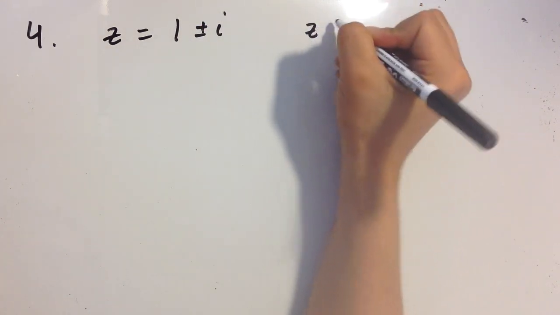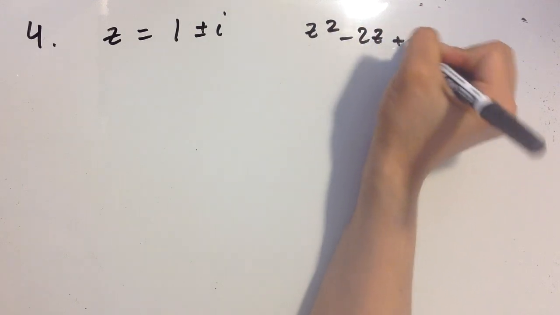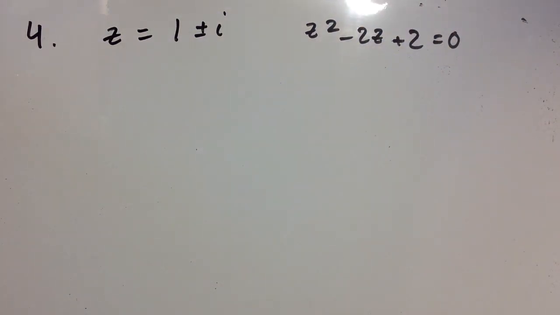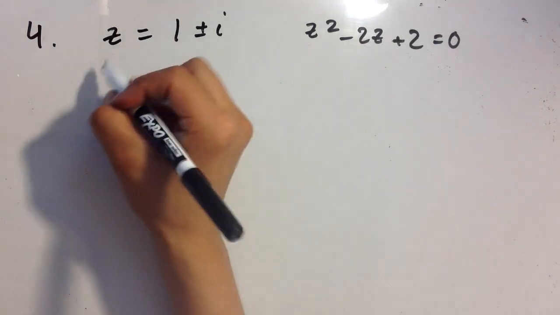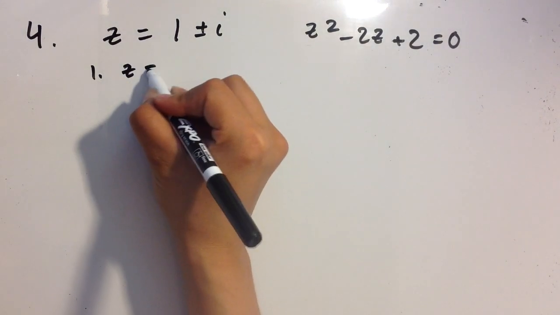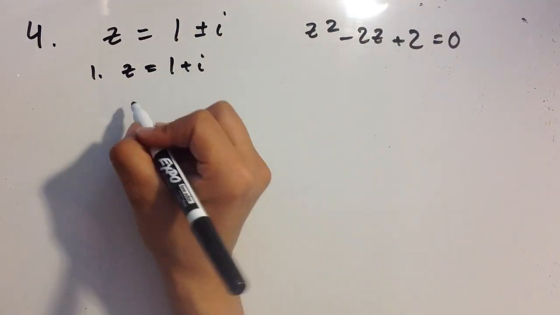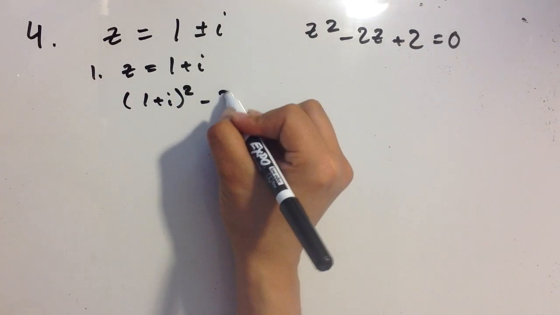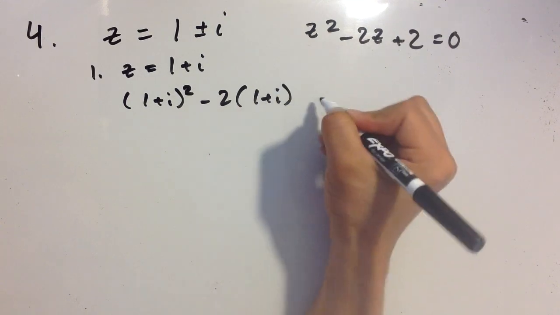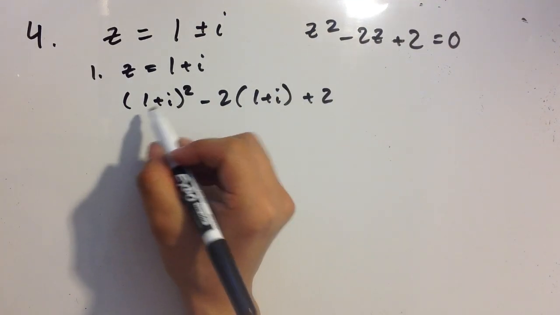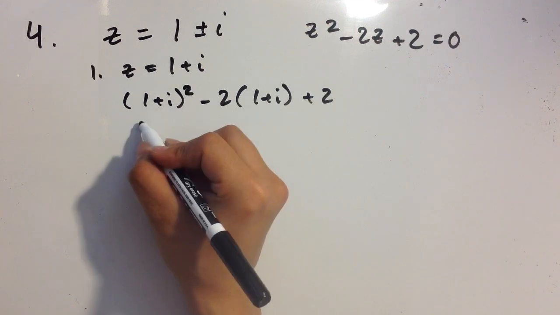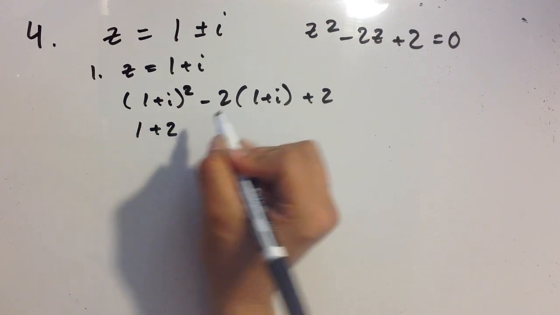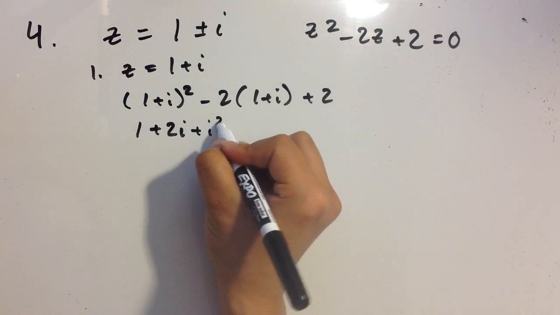Number 4 asks us to verify that z equal 1 plus or minus i satisfies the equation z squared minus 2z plus 2 equal to 0. So in these kinds of problems, you just simply plug z into the equation and work out the arithmetic. So for part 1, we have z is equal to 1 plus i. Plugging it in, we get (1 plus i) squared minus 2 times (1 plus i) plus 2. In this case, this will multiply out to 1 plus 2i plus i squared.